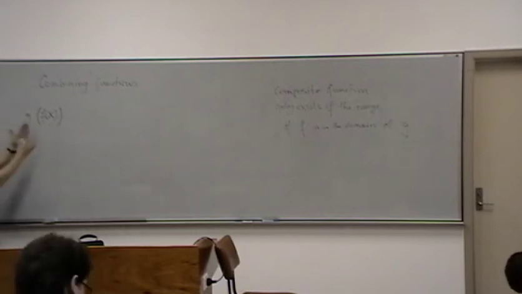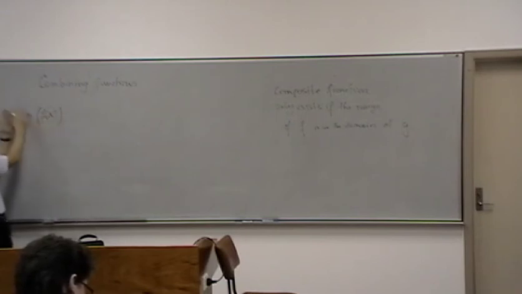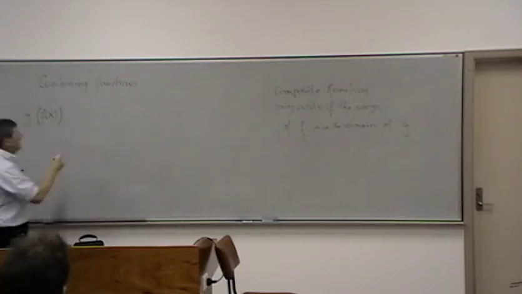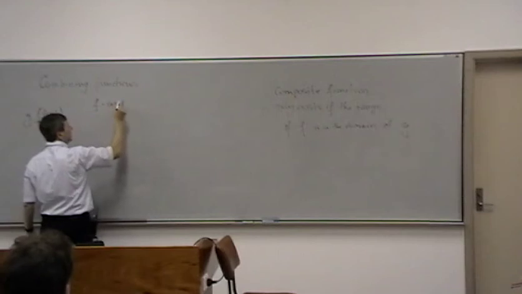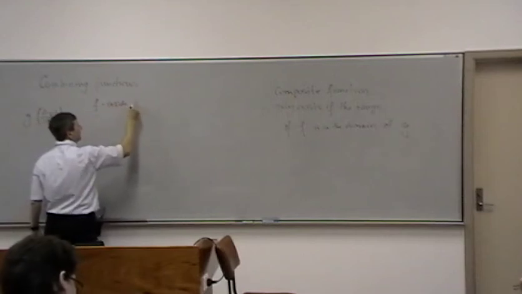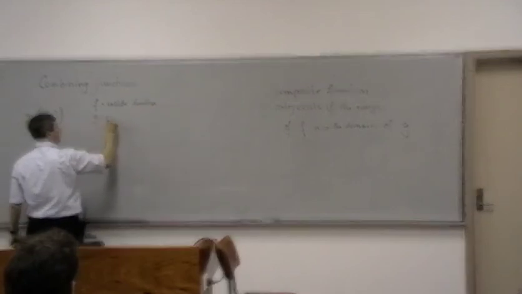And because f is somehow inside this argument of g and g is somehow outside, I will often call f the inside function of the composite, and g is the outside function.